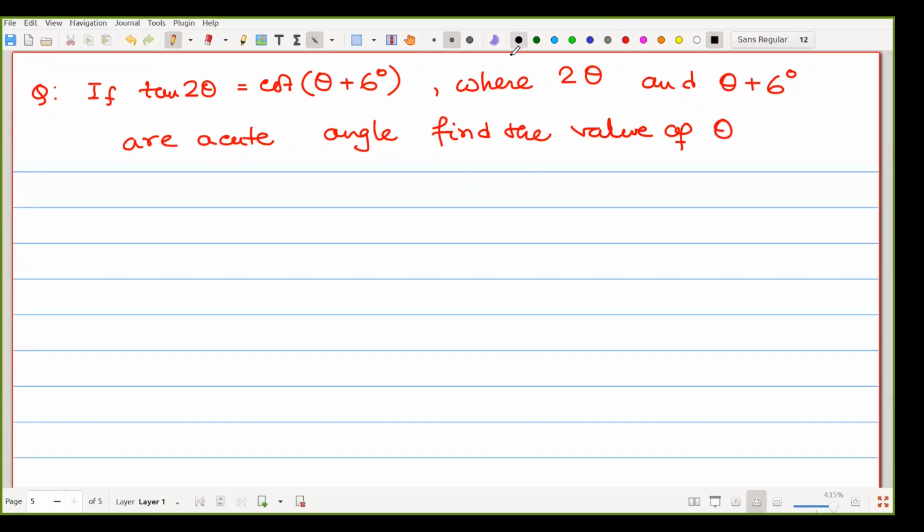So here we have tan 2 theta is equal to cot of theta plus 6 degree.